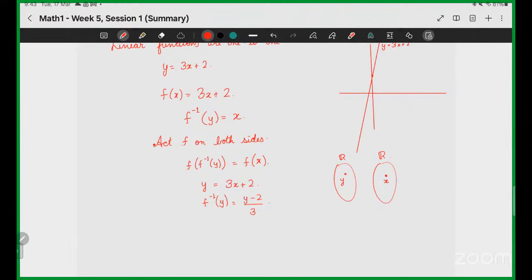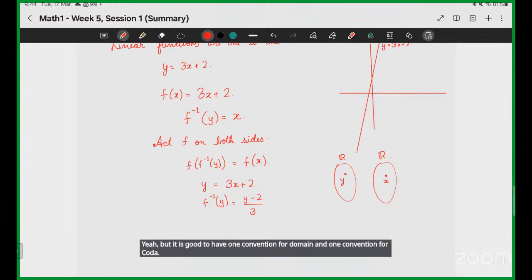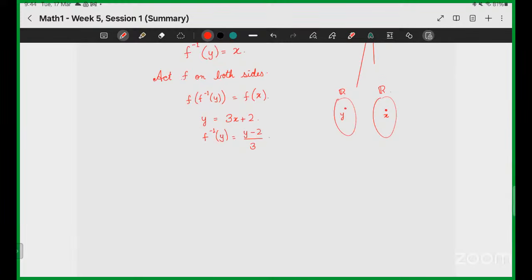Is this less confusing? Yeah. Eventually x and y, but it is good to have one convention for the domain and one convention for the codomain. So let's keep it that way.